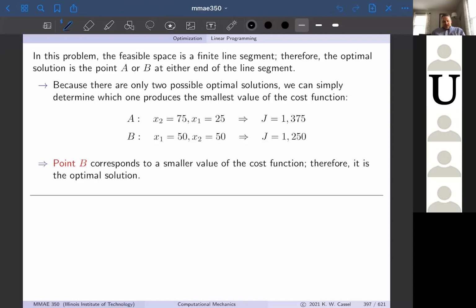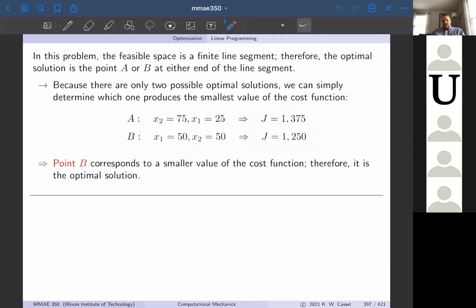So you remember last time we did this train car example. So we had two trains and we wanted to determine how many cars should be pulled by each of the two trains, X1 and X2. And we found that there were two possible feasible points, two possible solutions in the feasible plane.